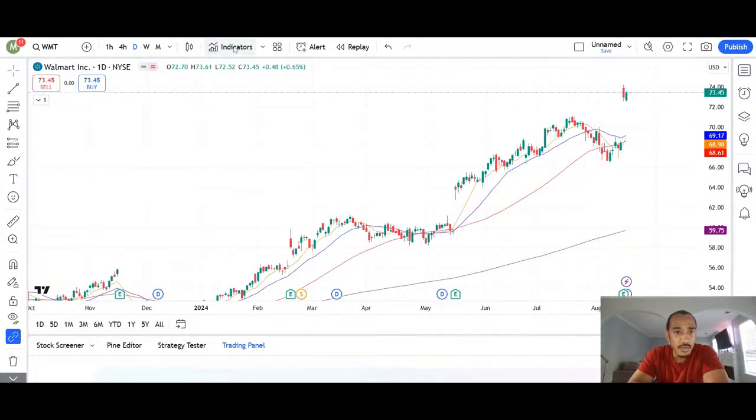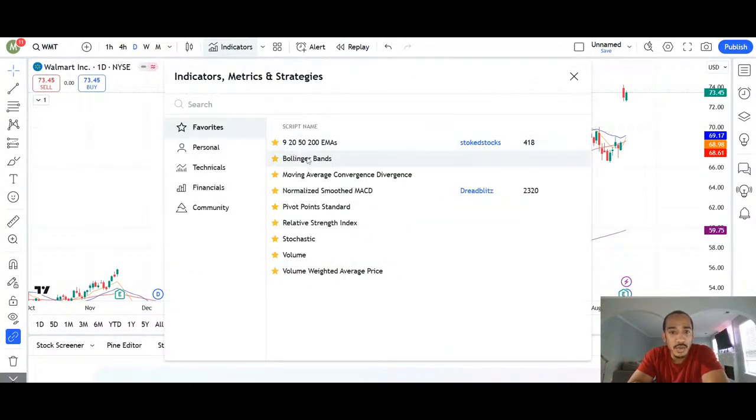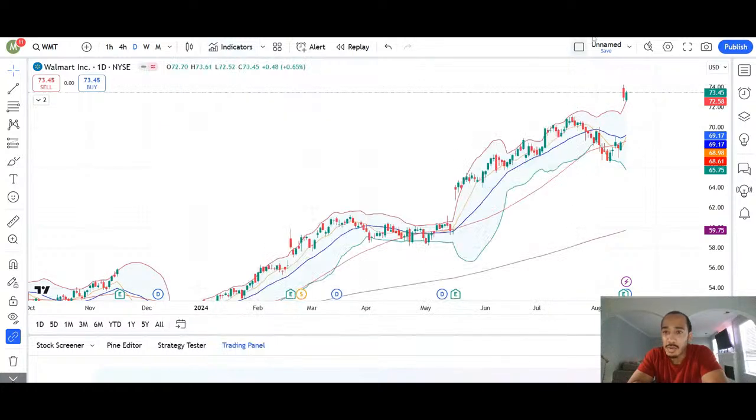Outside of the moving average, you also have the Bollinger Band, which I love. The Bollinger Band is this red line at the top where you see every time the stock touches it, it comes down. Sometimes it goes outside of it, but it easily comes back in. This is why I think Walmart is going to come back down, because the Bollinger Band is one of my favorite indicators.